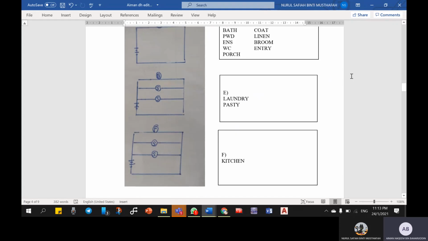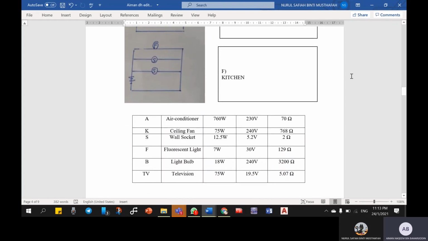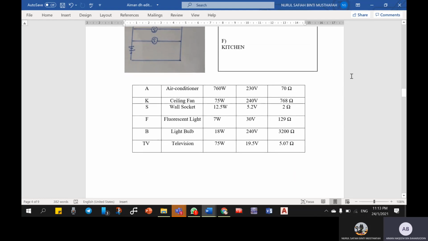And last but not least, circuit F consists of one fluorescent and 2 wall sockets, which is at the kitchen. The symbols A, K, S, F, B, and TV used in the circuit are displayed here with the power, voltage, and resistance of each appliance. That's all for part 2.